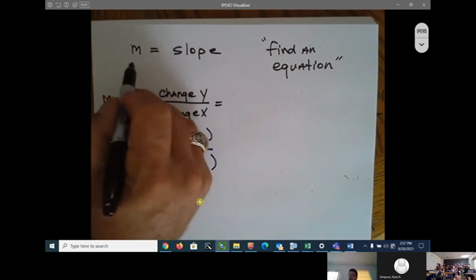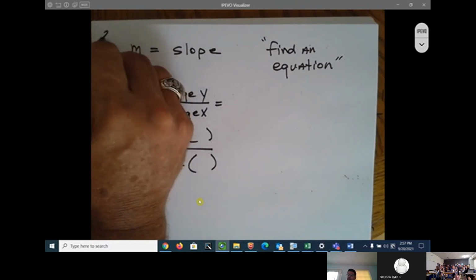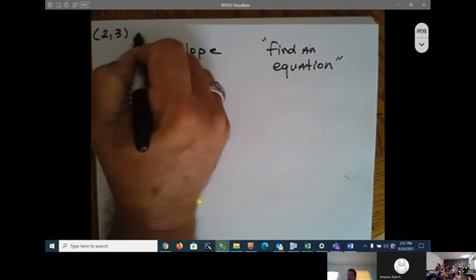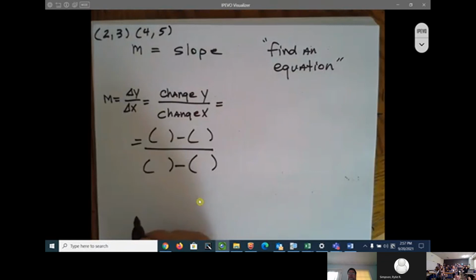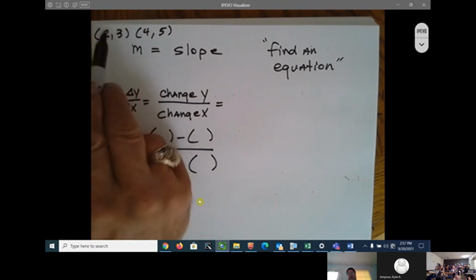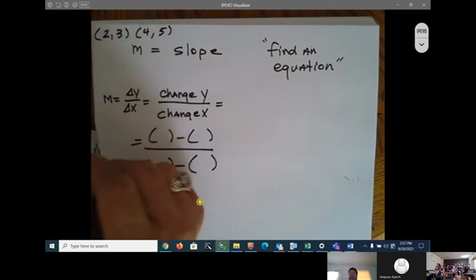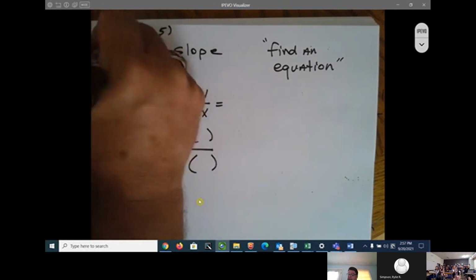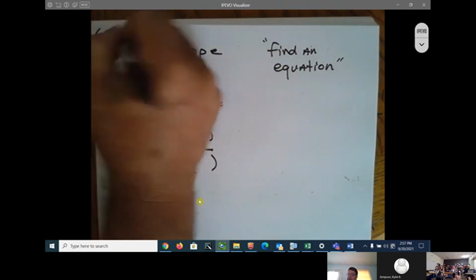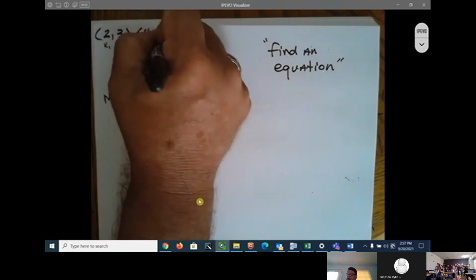So if I give you two points, (2, 3) and (4, 5), which way do we read? Left or right? Unless you're from the Middle East, you read right to left. If you're from around this area, you read left to right. x sub 1, y sub 1, x sub 2, y sub 2.